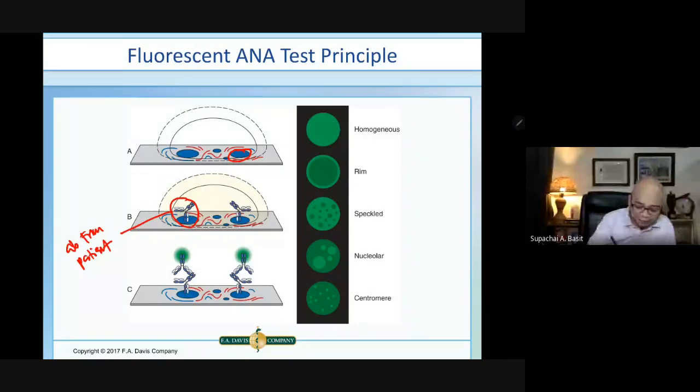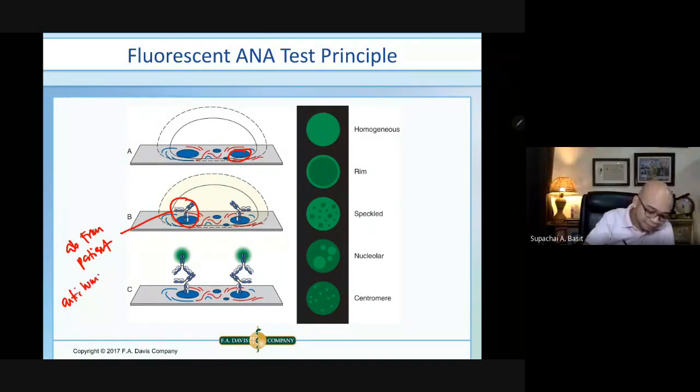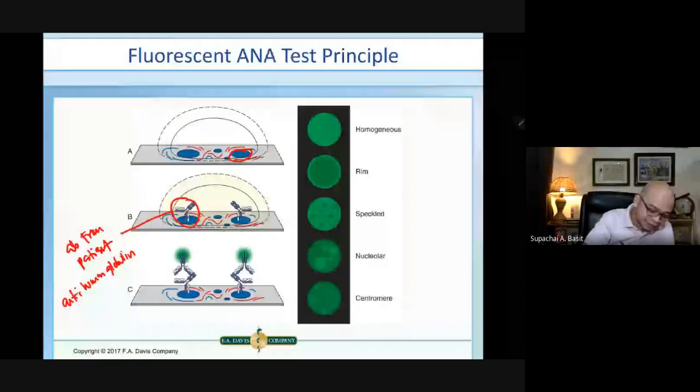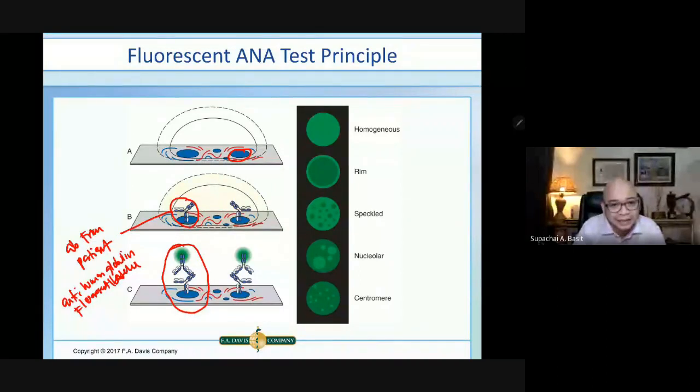And then you will be adding anti-human globulin that is fluorescent labeled. Why do we need it to be fluorescent labeled? We need it to be fluorescent labeled so that it will glow in the dark when observed under the fluorescent microscope. And these are the interpretations.